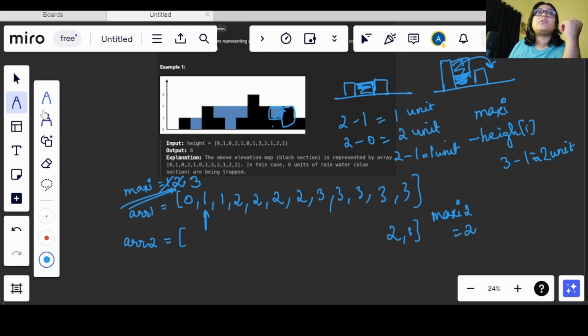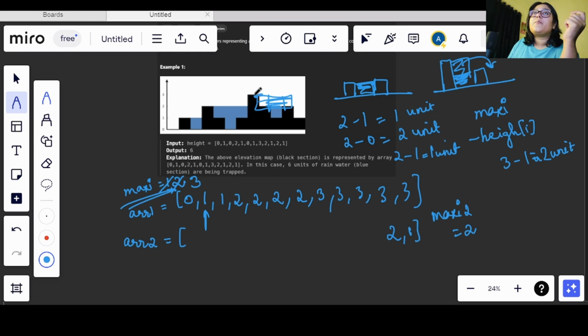What I mean here is, I was storing the value from here according to 3, okay? But this 3 units of water that I added was extra because I don't have any wall here.